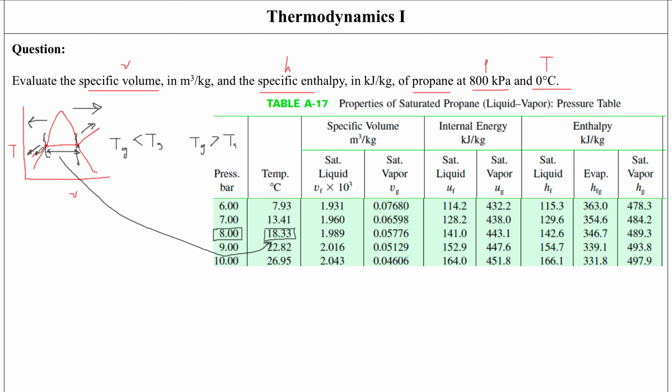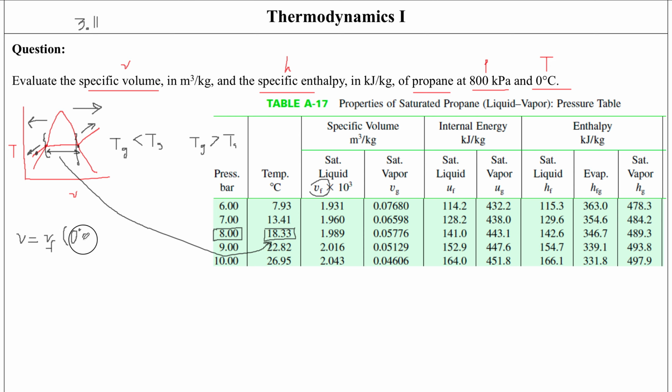First, we see that propane is in a liquid state. So what you can do is approximate the behavior on this side, and you don't need to use the compressed liquid tables. For that, equation 3.11 in Shapiro's book tells you that you can find the specific volume by looking at the VF value in the temperature table.